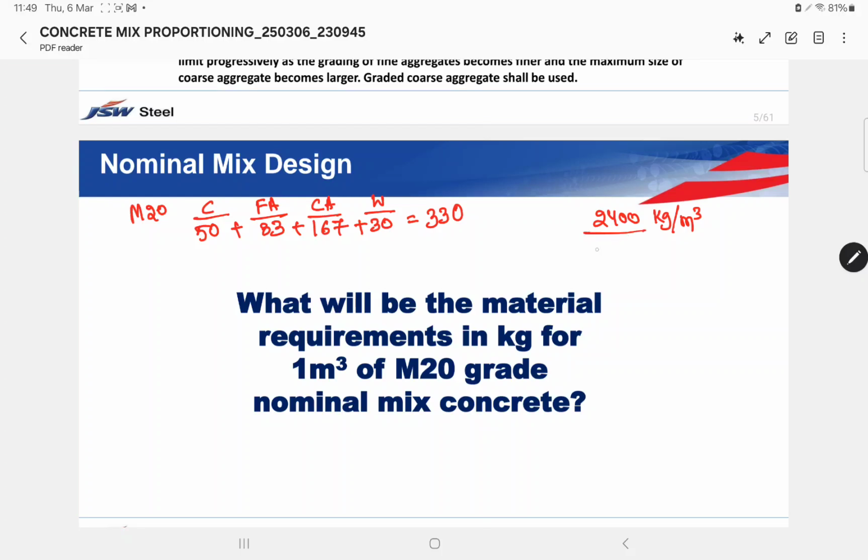I need to divide 2400 by 330, which comes to 7.27. Now what I will do next is multiply all these material quantities with 7.27.